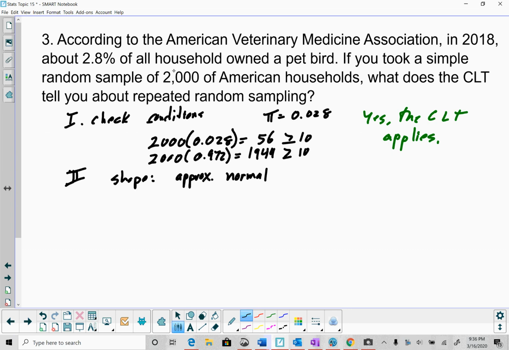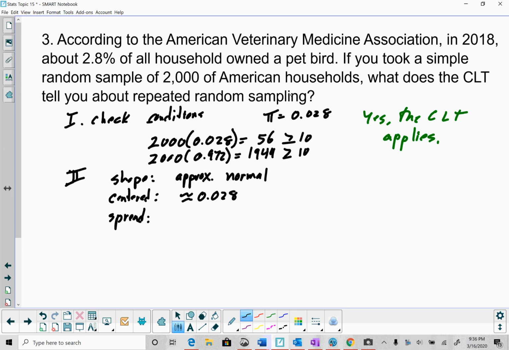Graphed all of those, the shape of all of those should produce an approximately normal curve. It should be centered at approximately 0.028, the value for pi. And then the spread of all of our repeated random samples.